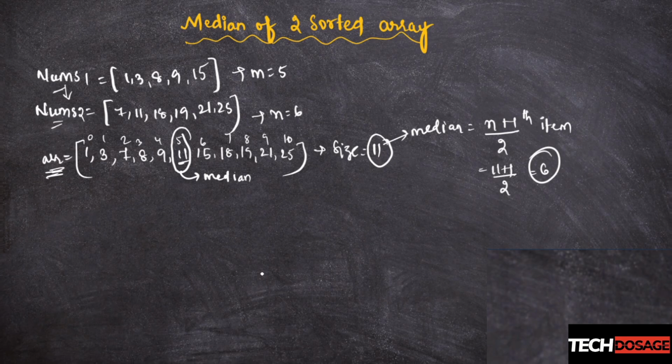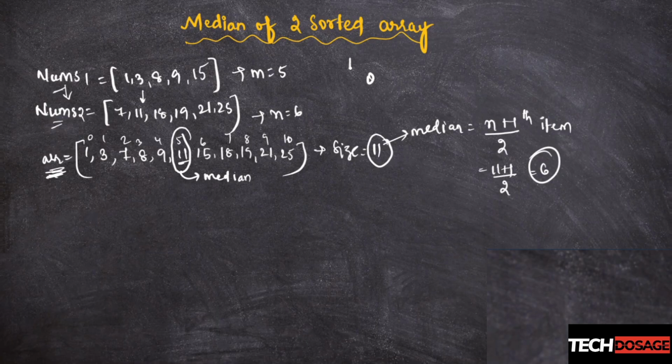That is the task. Now there is an approach where you combine these two arrays in sorted order like this, and then you find the median of the resulting array. But this is going to take order of n time complexity and order of n space complexity, because you need another new array to store the combined array. So I'm going to show you how to do this in order of log.